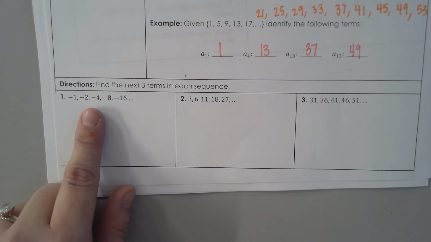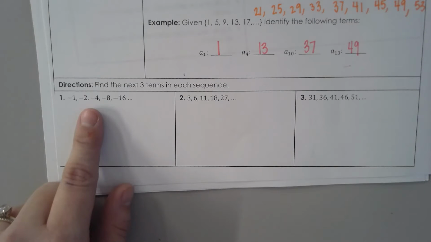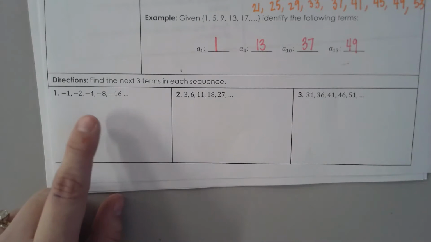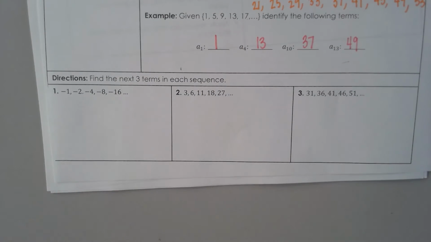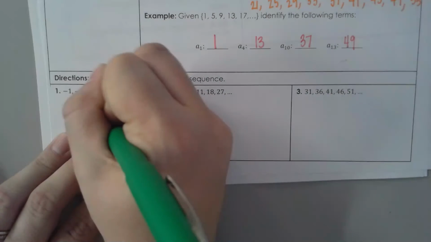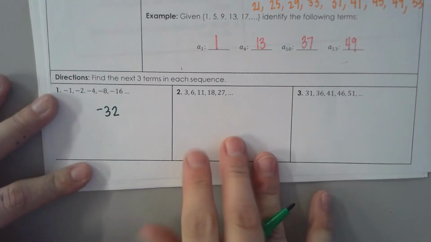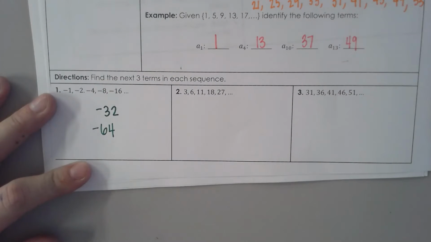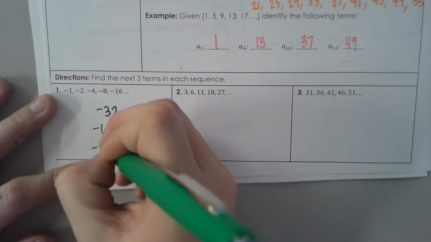What's my pattern? Specifically, what about the 2? It's what? Multiplied by 2. So now what's the next one? Negative 32. Okay. So we have negative 32. We are multiplying by 2. Negative 64. Okay. What else? Negative 128. That is correct.